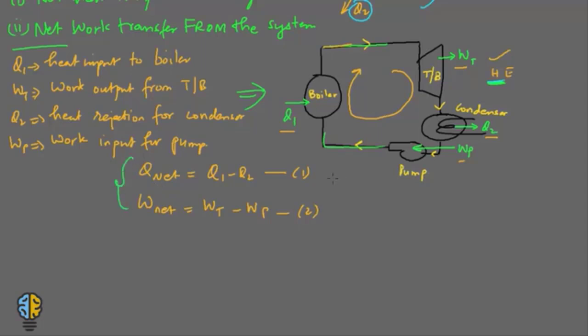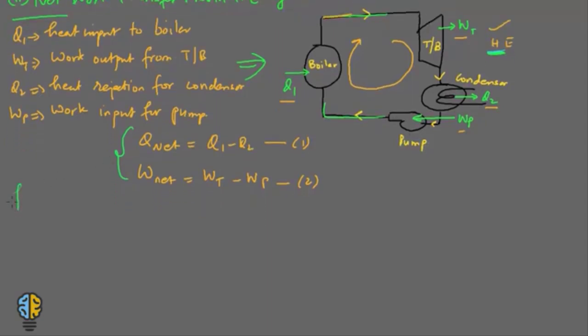I think you understood this much. Now, if you invoke the first law of thermodynamics for the case of a cycle, the first law would be that the net heat transfer is equal to the net work transfer for a cycle.